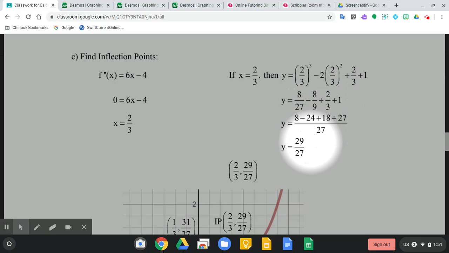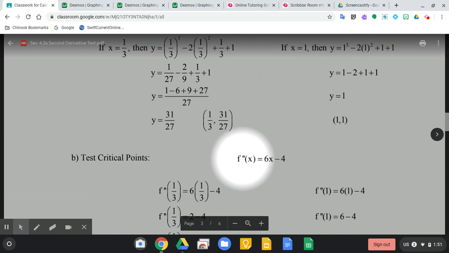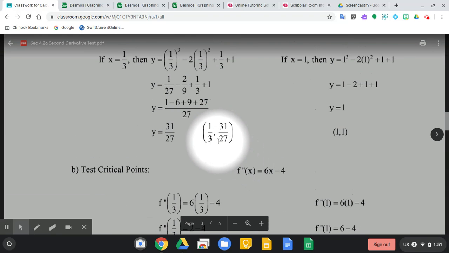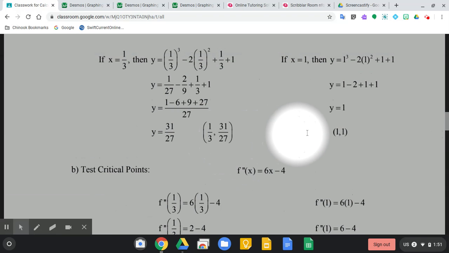Now, these points have not been at all pleasant to work with. We have an inflection point at 2/3 and 29 over 27. Our critical points were at 1/3 and 31 over 27, and we had one nice point, 1, 1.